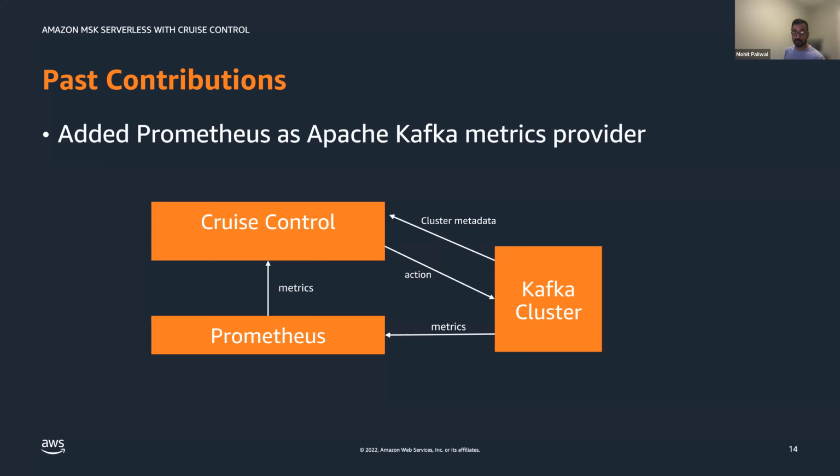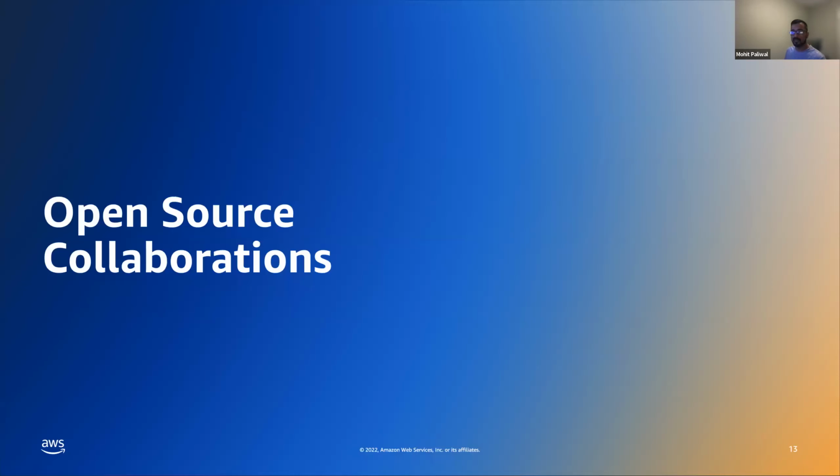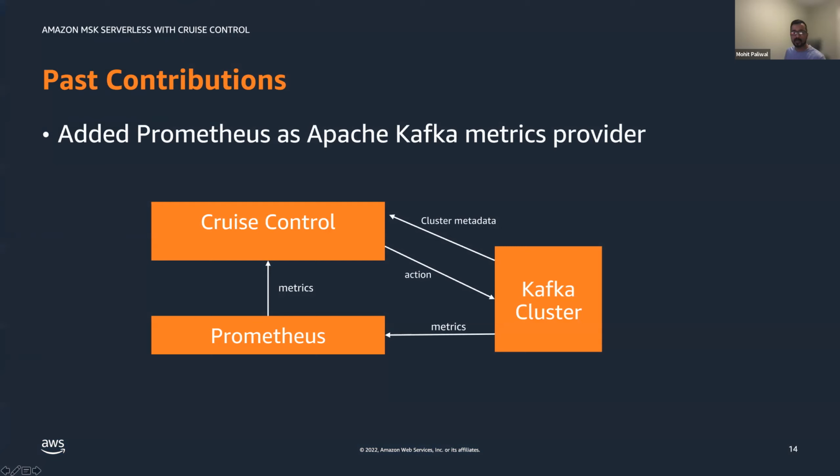So in your cluster, you can expose JMX metrics the same way as MSK would do, on an HTTP port, and then Prometheus can scrape these metrics at a regular defined interval. Cruise Control would then read the metrics from Prometheus and build a load model instead of reading raw Kafka metrics from a topic, which are otherwise created by a jar, right? This is something that we added a couple of years back.